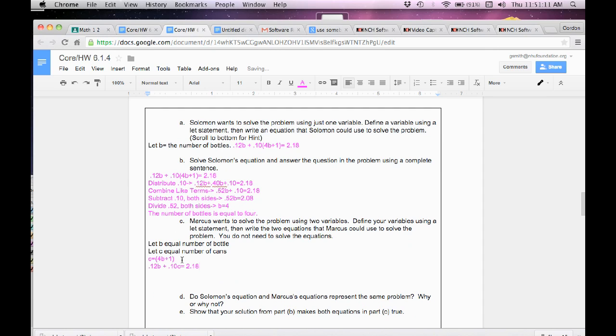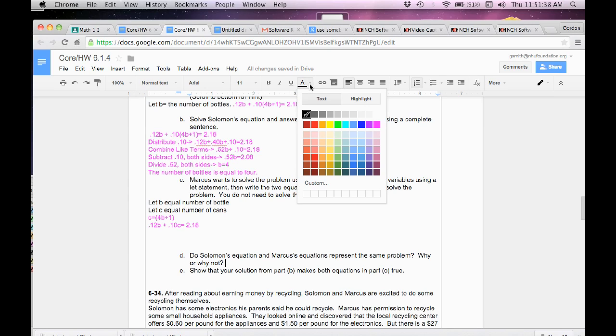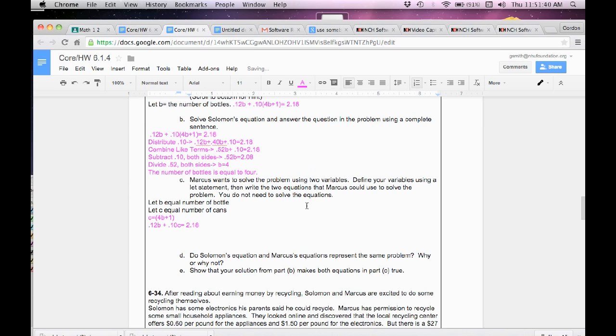Marcus has two equations. Okay, do Solomon's equation and Marcus's equation represent the same problem? Why or why not? We look at Solomon's equation here. It's basically this equation, but it contains a substitution. Instead of the C that we see here in Marcus's second equation, we see 4B plus 1, which is the substitution of the value of C. So they do represent the same problem.